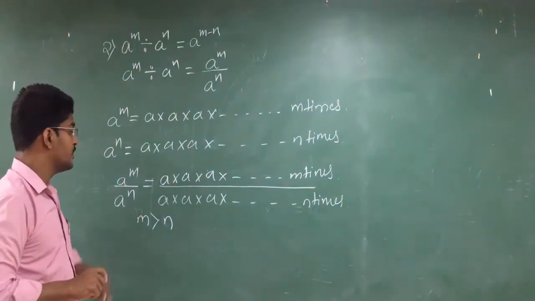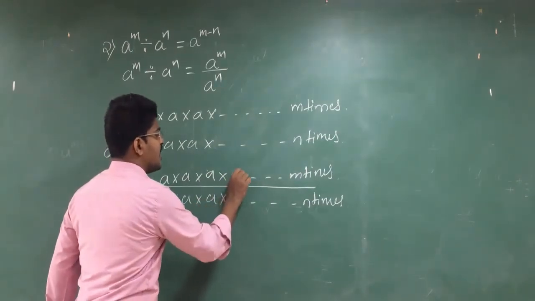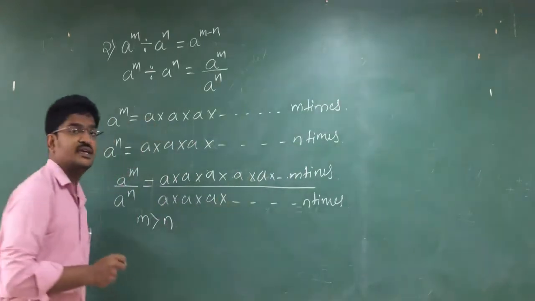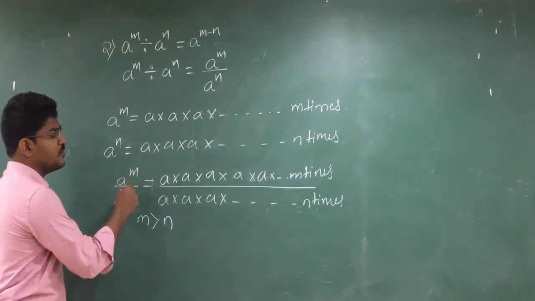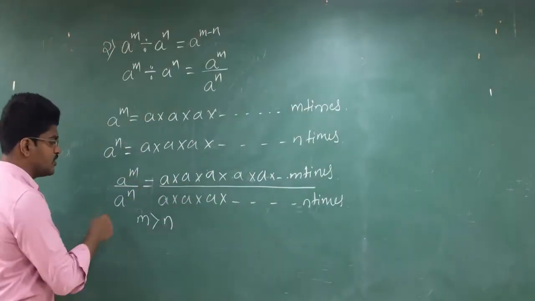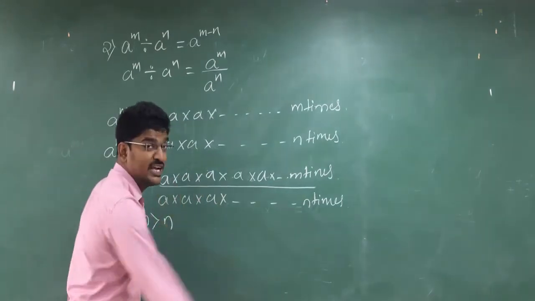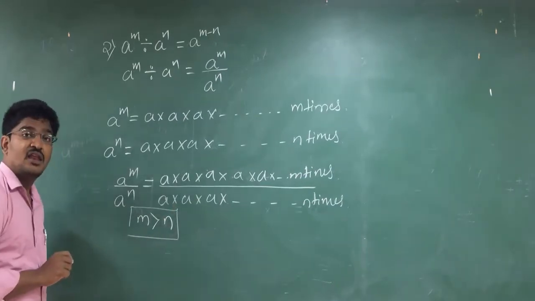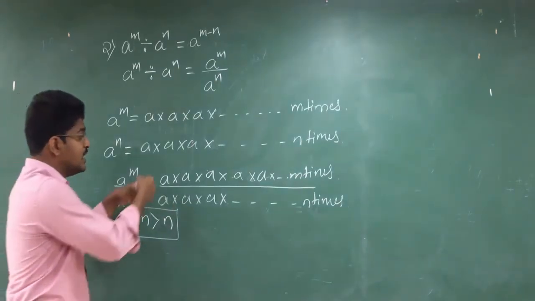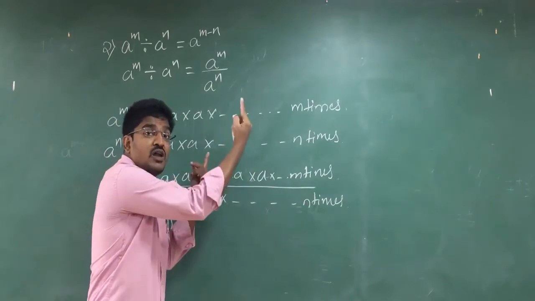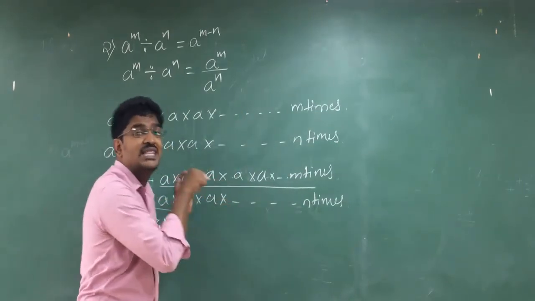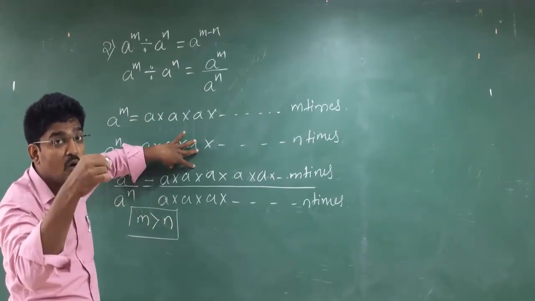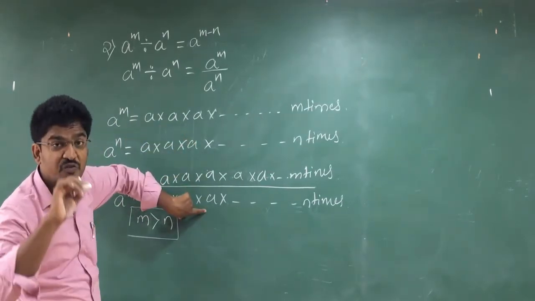Clear? Okay. So that means I will multiply some more terms here for some understanding. A to the power of m means a is multiplied for m times. A to the power of n means a is multiplied for n times. As I know m is greater than n, the numerator will have more a's than the denominator. That means m number of a's will be more than n number of a's.